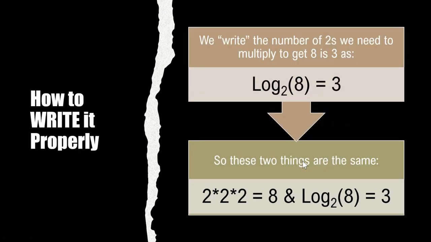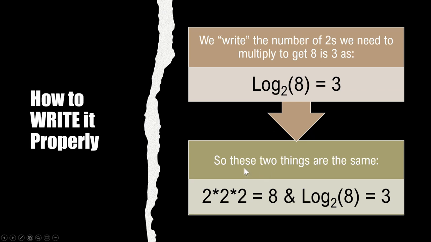All right, so how to write it properly. We write the number of 2's we need to multiply to get 8 is 3 as log base 2 of 8 equals 3. So that's what this right here is, log base 2 of 8 equals 3.